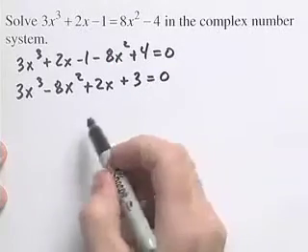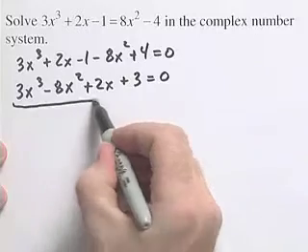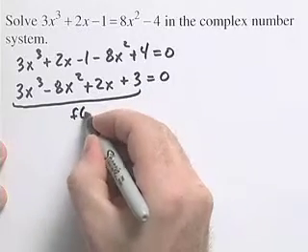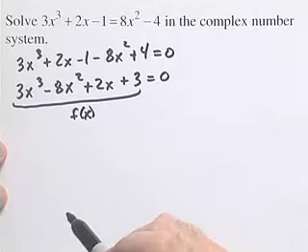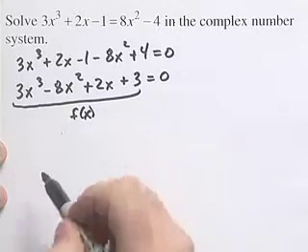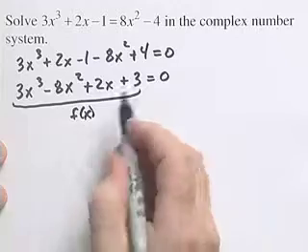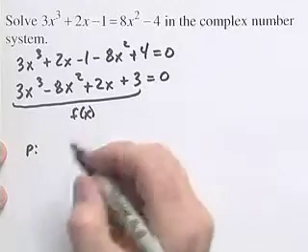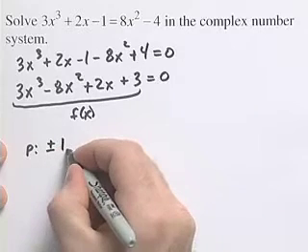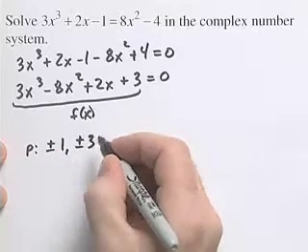To solve this equation, if we consider that this left side is a different function called f of x, we're really looking for the zeros of f of x. If we want to list our potential rational zeros, we need to find integer factors of a sub 0, our constant. That's going to be plus or minus 1, plus or minus 3.